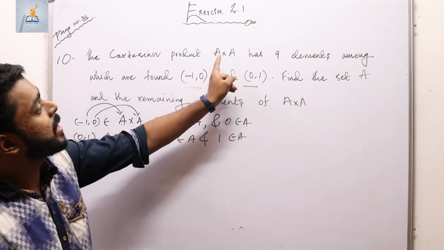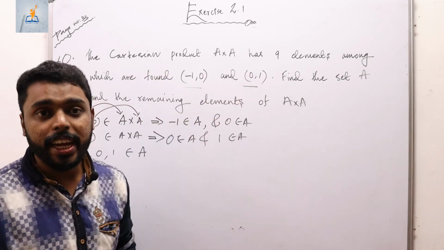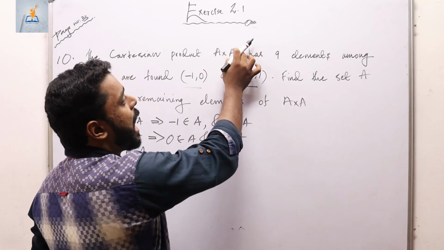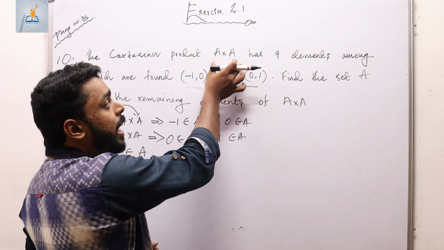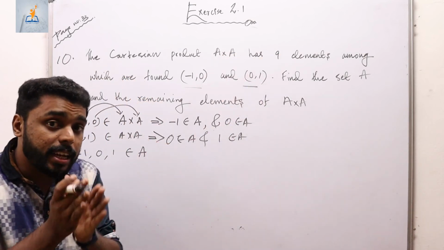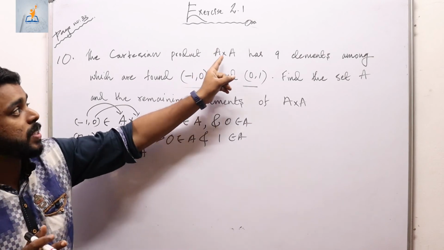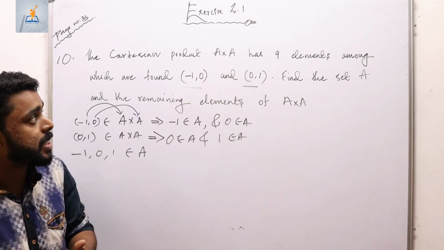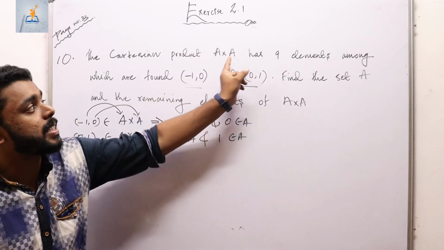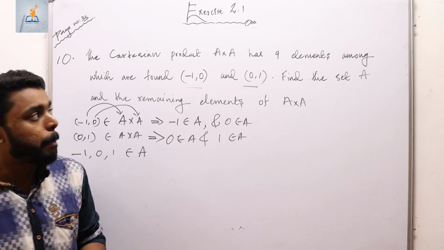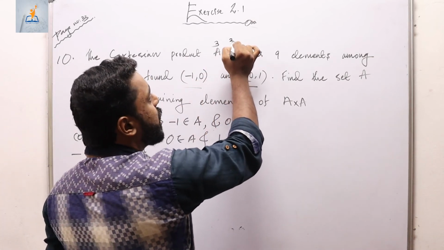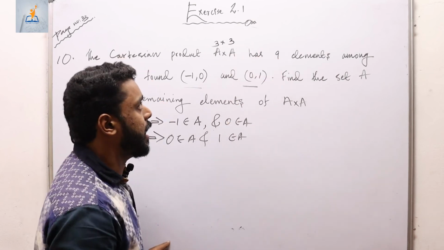Also, it is given that A cross A has only 9 elements. We know that whenever A has m elements and B has n elements, A cross B has mn elements. Now since A cross A must contain 9 elements, A must contain 3 elements. Why? Because whenever A contains 3 elements, the second set also contains 3 elements, which results in 9 elements.